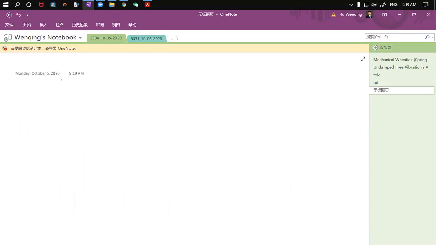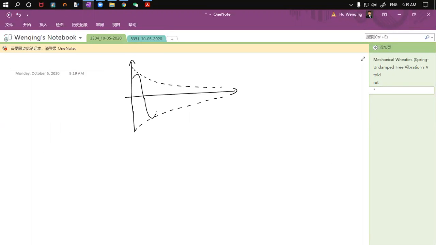So in the end, the picture of the oscillation is going to be something like this. The major profile is exponentially decaying, with two exponentially decaying envelope functions, and your solution is just oscillating in between.